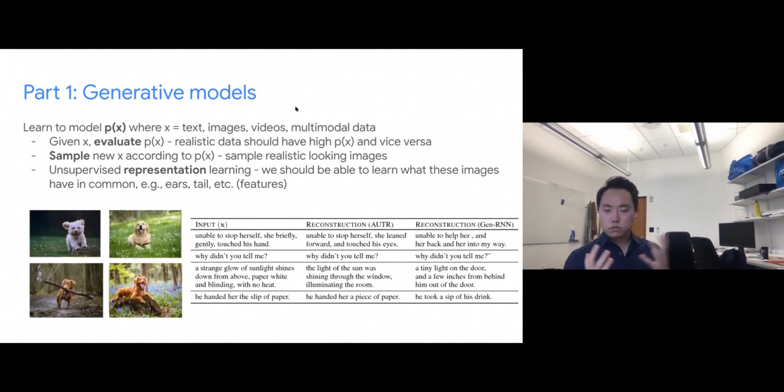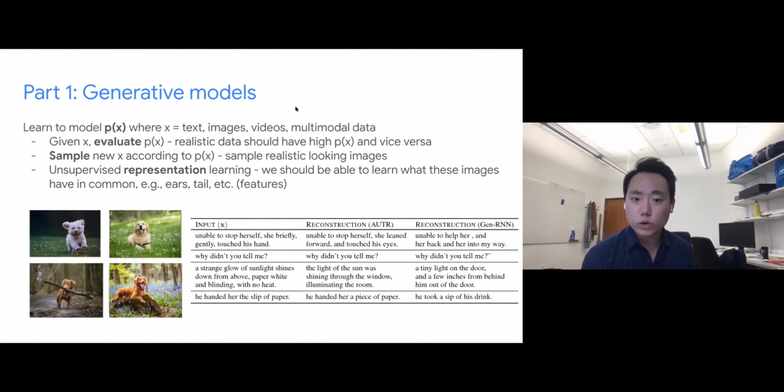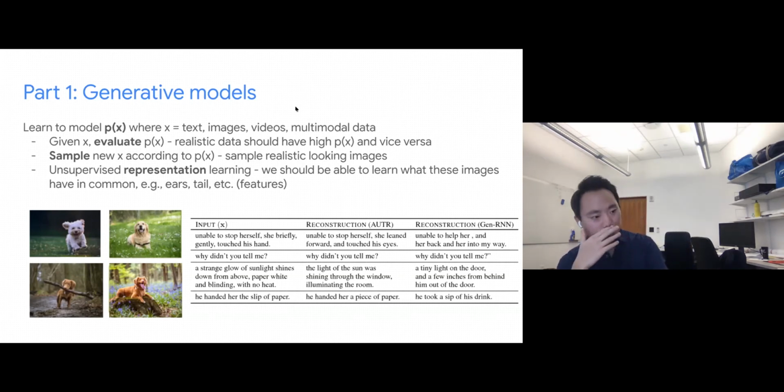And likewise, images that are not as realistic should correspond to low P of X values. That is more of the evaluation problem. And evaluation is really important because it also allows us to do things like anomaly detection, where you have some useful images that look realistic and you want to assign high densities to them, and for anomalies, you want to estimate low densities. So that's the evaluation problem.